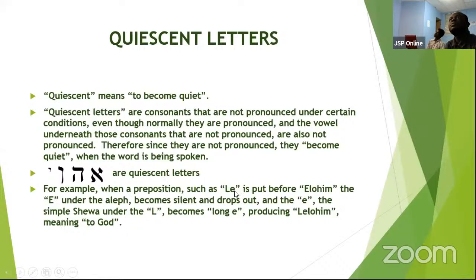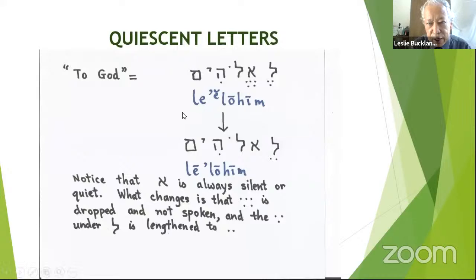When a preposition such as le, and this originally would be the simple schwa, one dot over the other, is put before Elohim, we find that the simple schwa under the lameth has to become long E. But I understand why you might be confused right now, because I didn't really do it in the order to really show you what happened.